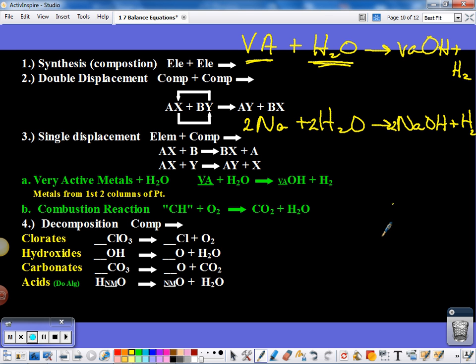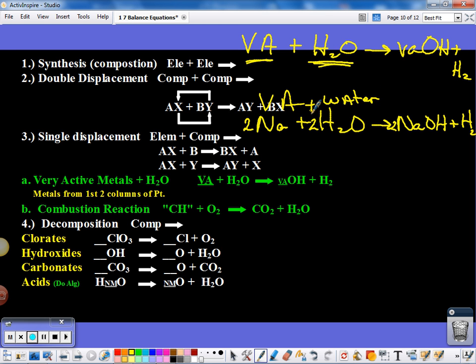And when you get through doubling that, that's what you're going to get to make it balance. This used to be one of the hardest equations to balance until I figured out one day something about that odd even thing. It just made things clearer for the students and it makes it easier for you. All right, so odd even, you have to look at very active metal and I have water.